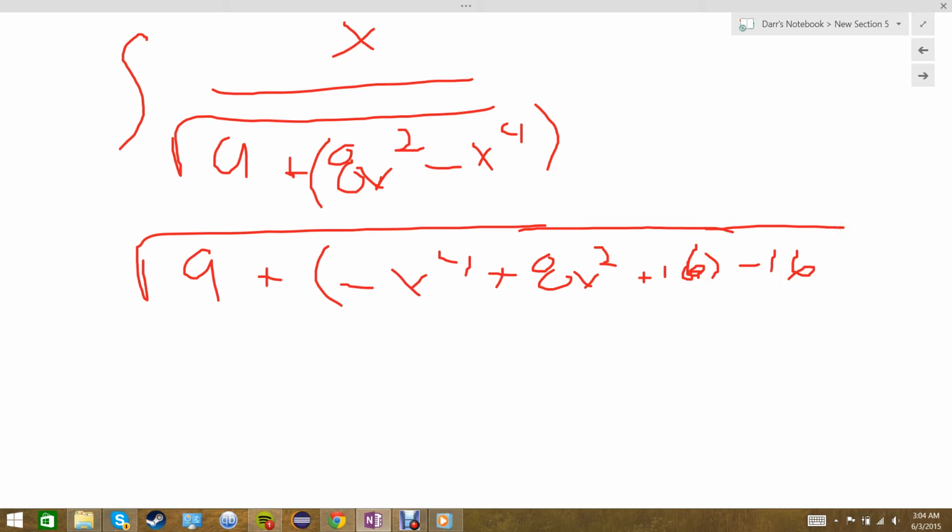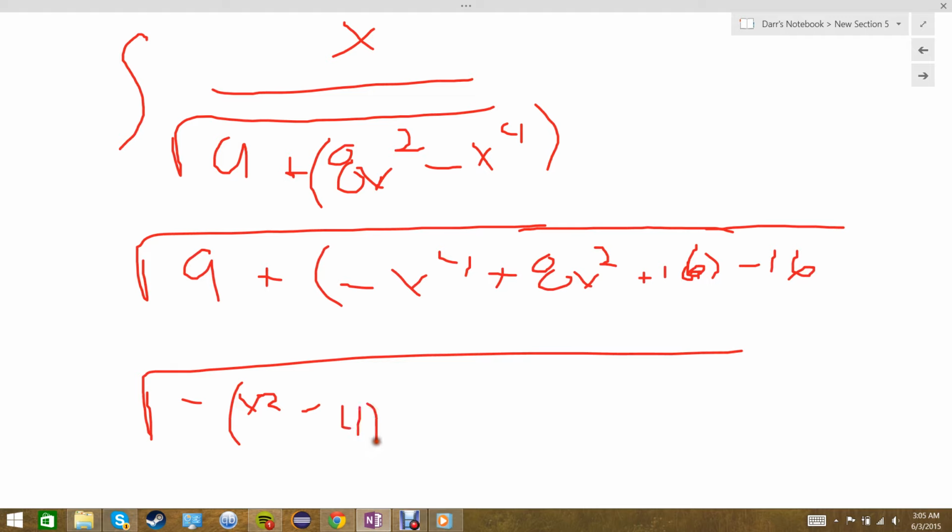So then what you get is radical negative, x squared minus 4 squared, minus 7. Okay? So then this could look like an u squared minus a squared, or a squared minus u squared, sorry. This could be flipped to make it negative 7. Or not negative, this should be positive. What am I doing? It's plus 7, this is negative.